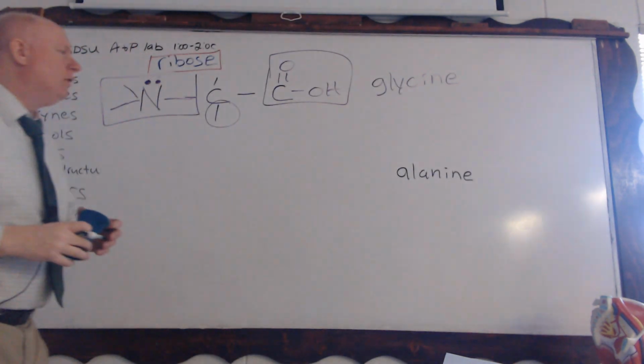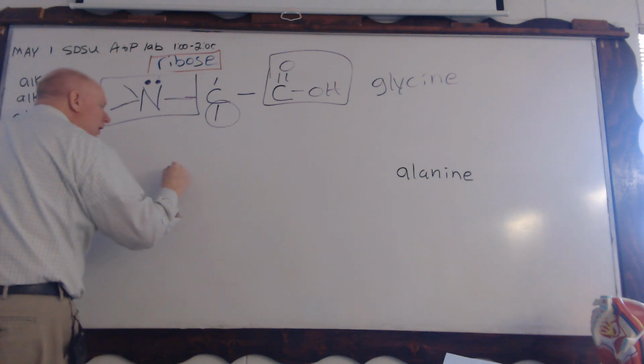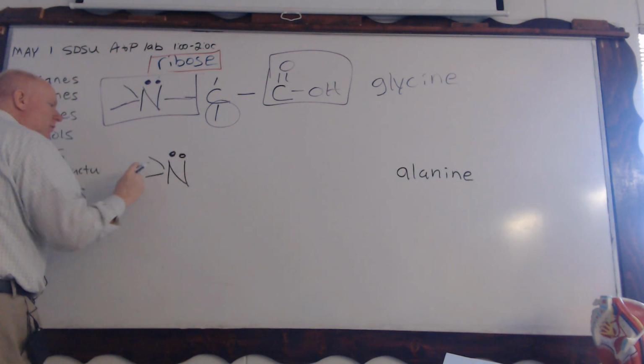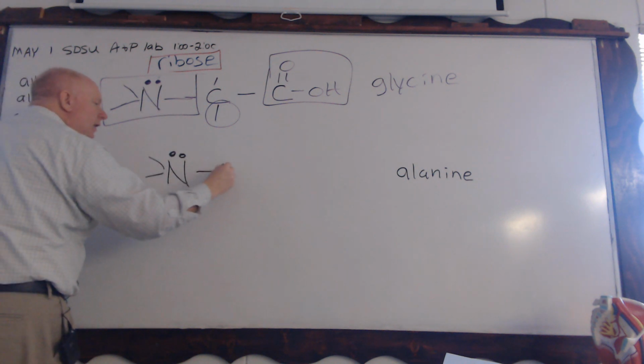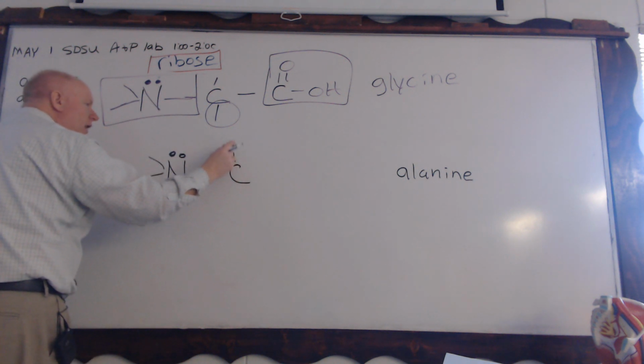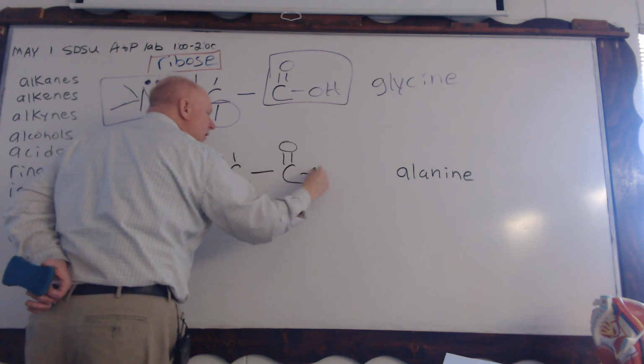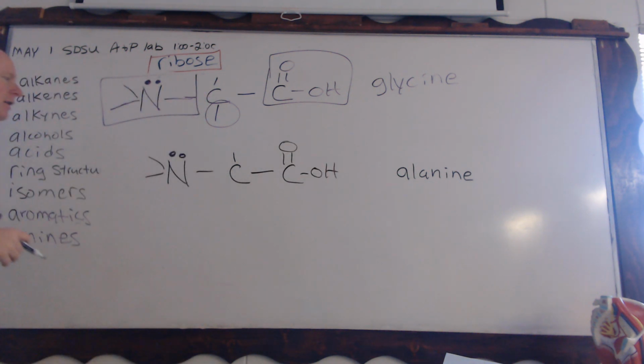So from left to right, we have our amine group. Then that's bonding to a carbon with a hydrogen on top. Now we need our acid group.